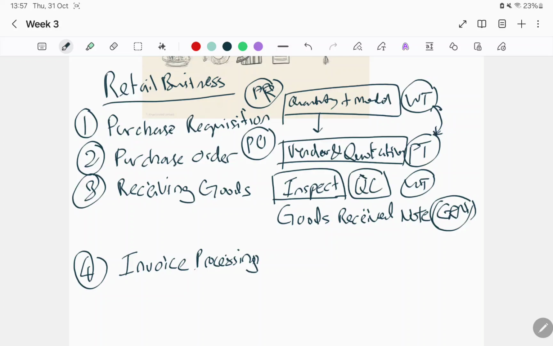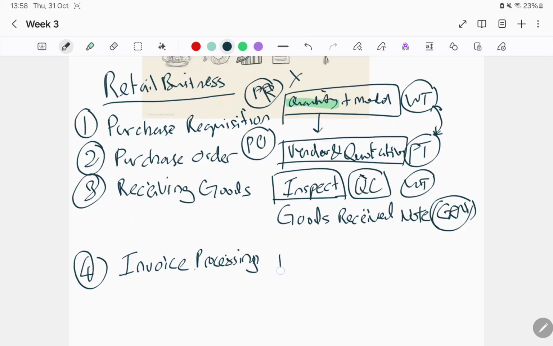It doesn't involve the outside yet. You can reject the requisition, you can change the quantity of the requisition over here. So no, you don't compare with that one.